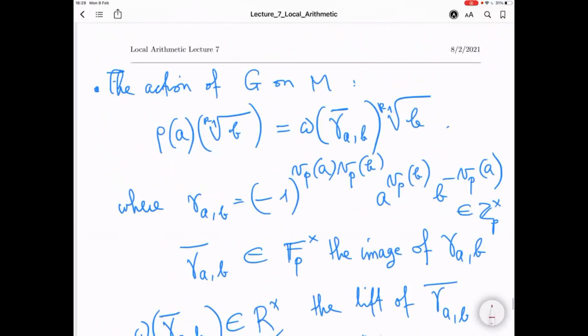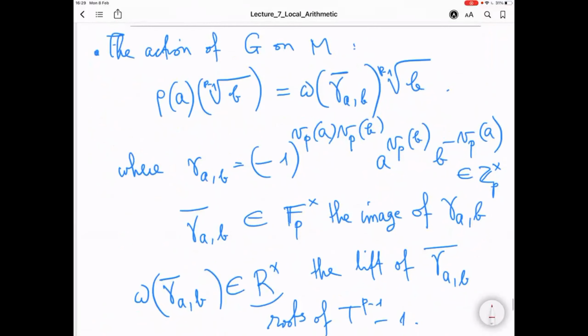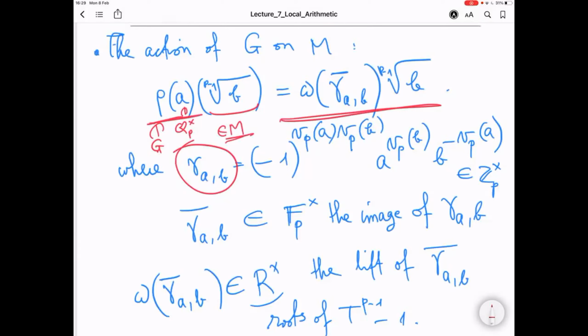And here it is. It's exactly going to be in terms of this gamma_{a,b} that we had defined earlier. So if I have an a in Q_p star, rho of a is an element of G, right? And these are the generators of M. So an element of G acting on an element of M, this is the result.